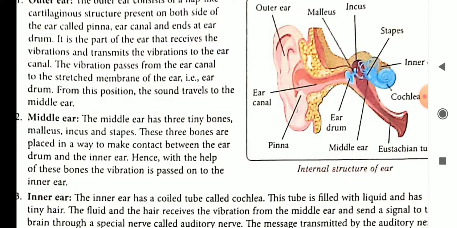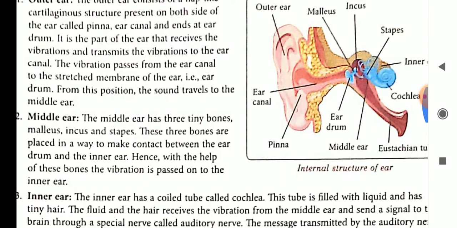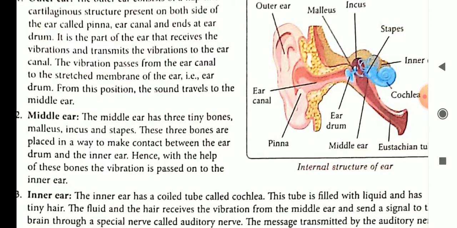These electrical impulses are carried by the auditory nerve to the brain, and the brain interprets these electrical impulses as sound, and we get the sensation of hearing. Finally, we hear the sound.